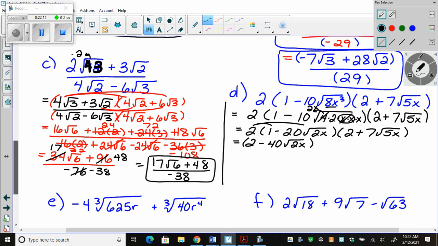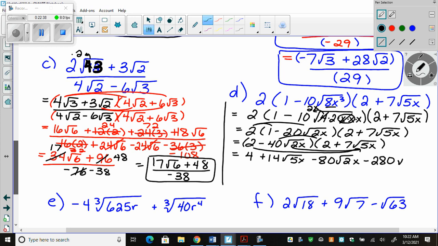2 minus 40 root 2x, and then 2 plus 7 root 5x. And then we FOIL, so we get 2 times 2 is 4. 2 times 7 is 14 root 5x. 2 times negative 40 is negative 80 root 2x. And then negative 40 times 7 is negative 4 times 7 is 28 plus a 0, so negative 280.